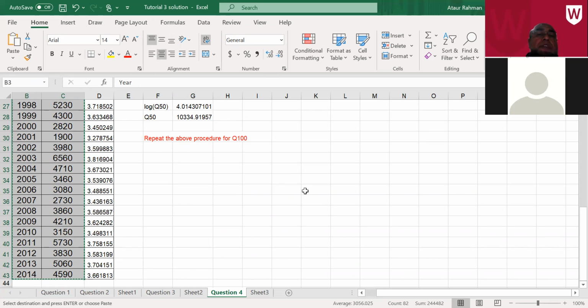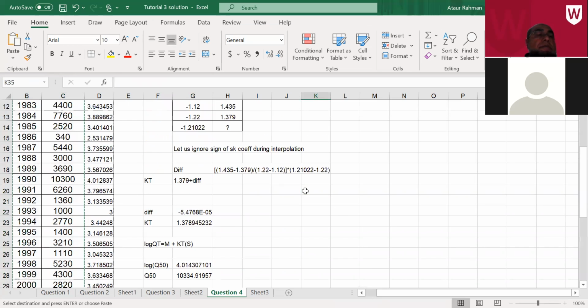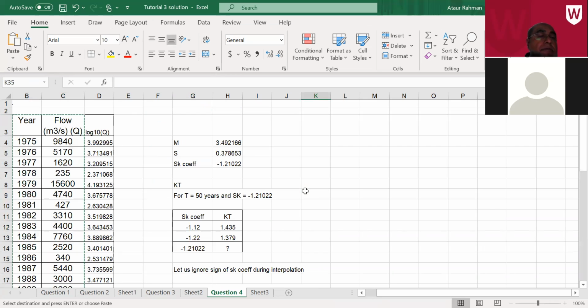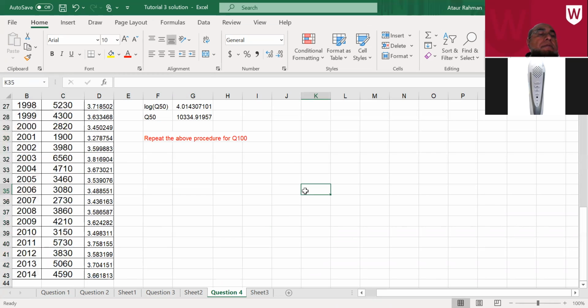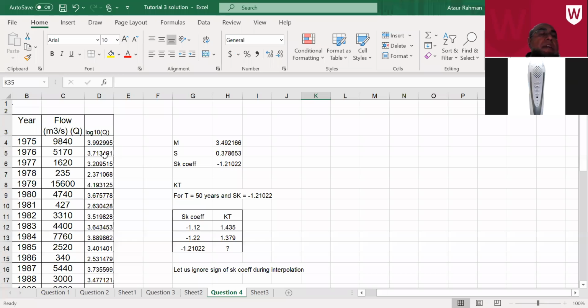So this is our data. Can you see the sheet here? Yes. So this is our data here, the year and flow data. So these two columns are the data.